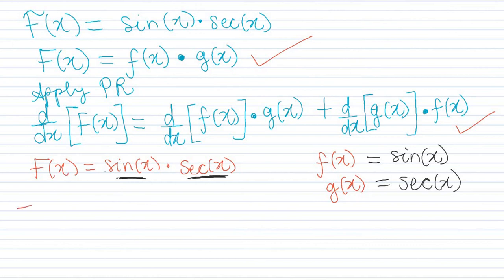So we have the derivative of F of x, which is the derivative of sin x secant x.